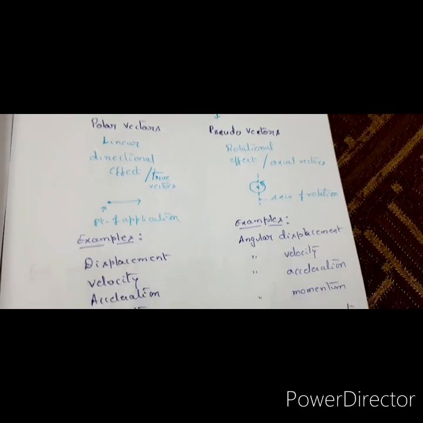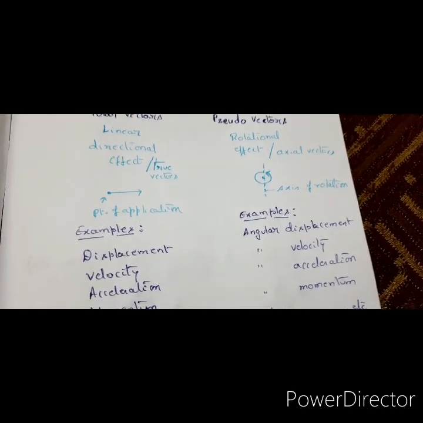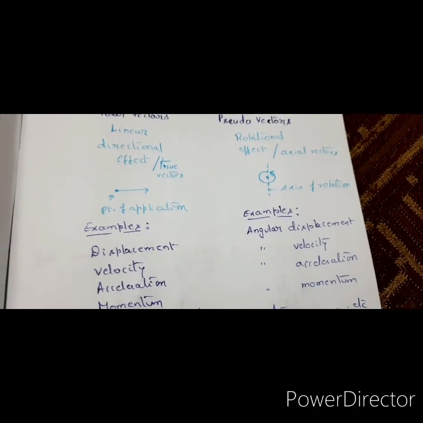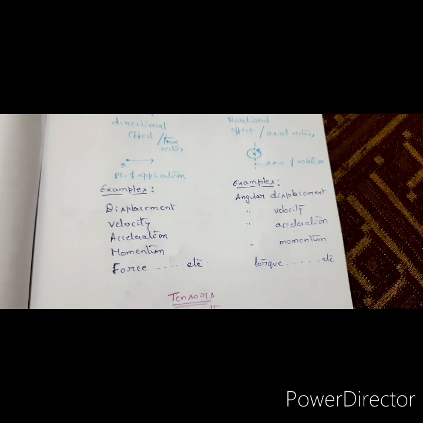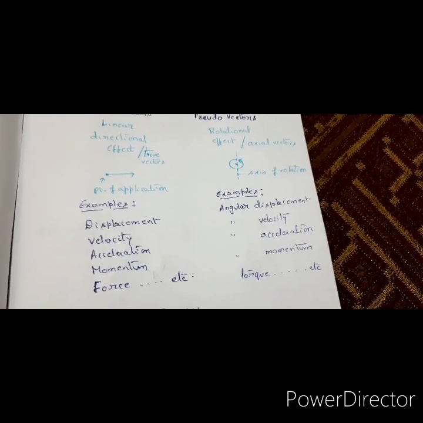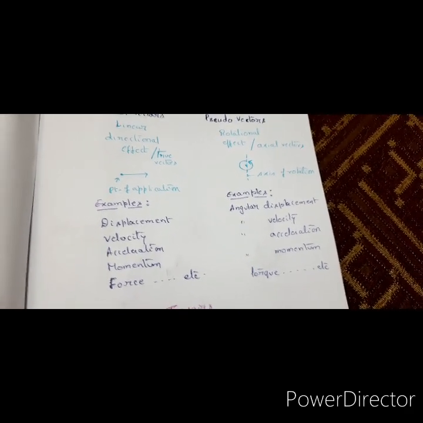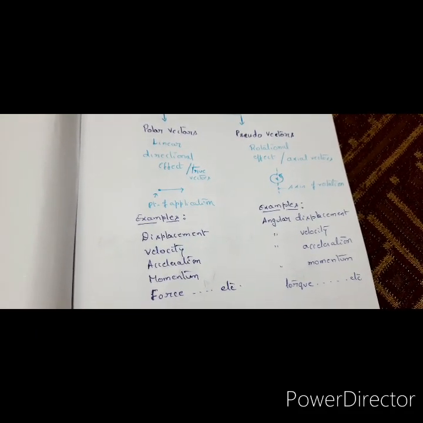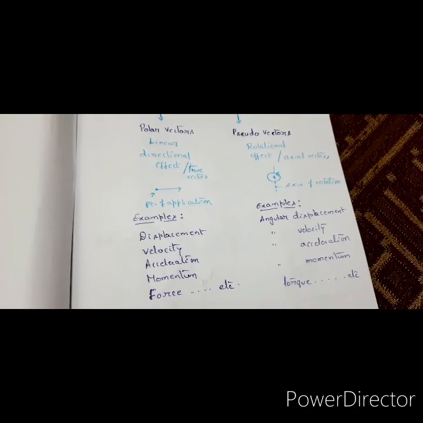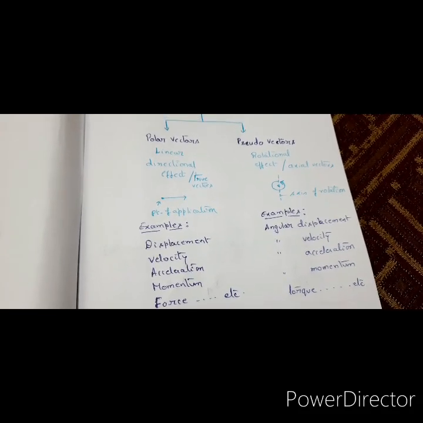Examples: angular displacement, angular velocity, angular acceleration, angular momentum, torque, etc. All these we learn in rotatory motion or what we call circular motion or rigid body dynamics.